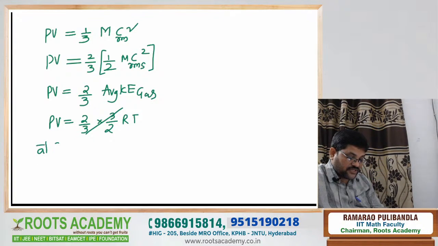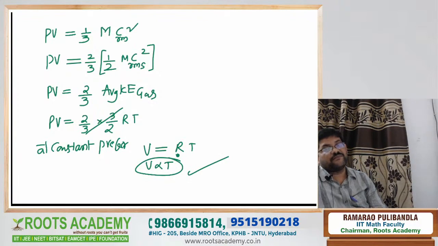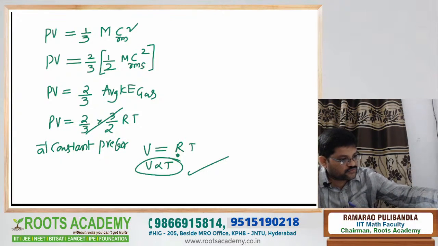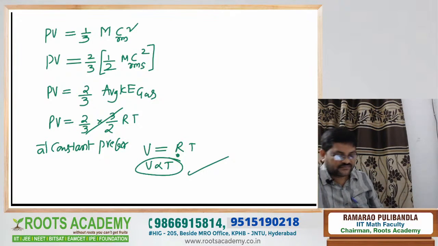At constant pressure, the volume of the gas is equal to RT over P. R itself is a constant. That means the volume of gas is proportional to temperature. That is called Charles' law. Simple logic.